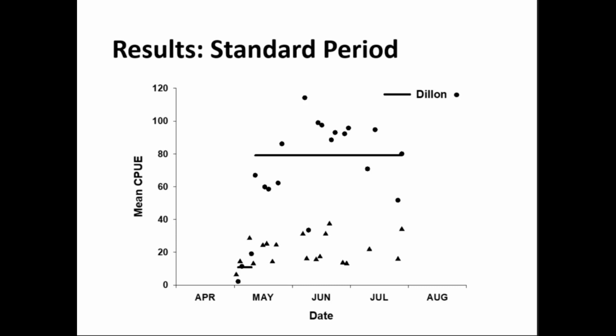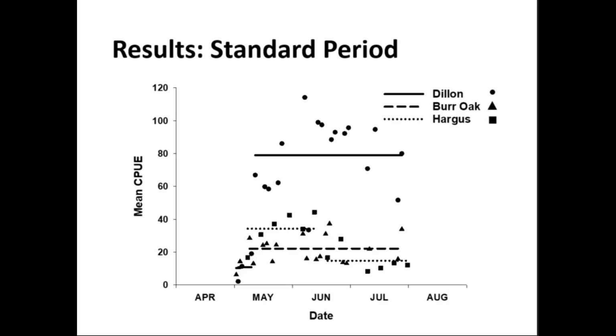Now this is for the next reservoir, Burr Oak Lake. We see the same pattern. Although catch per unit effort is lower, the periods of high catch per unit effort coincide. And finally, our small reservoir, Hargis Lake, a little bit of a different pattern where we have an earlier period of high catch per unit effort that decreases.